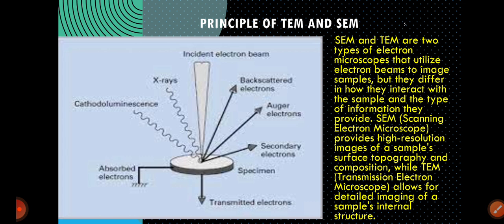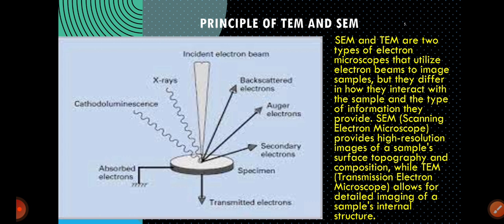Interaction between the electrons and the specimen generates signals that are used to create an image. In the diagram in this slide, we have a specimen and an incident electron beam.